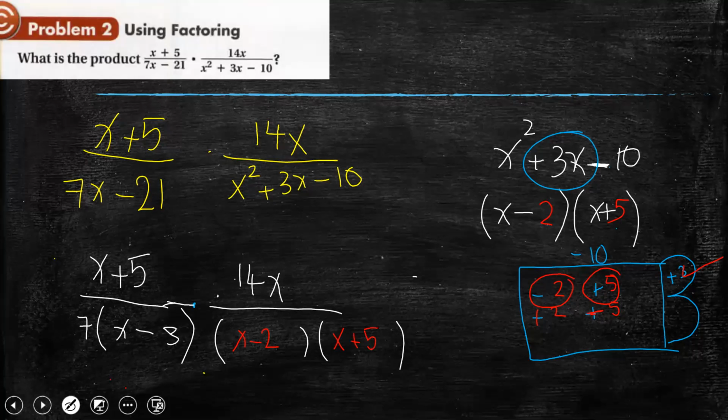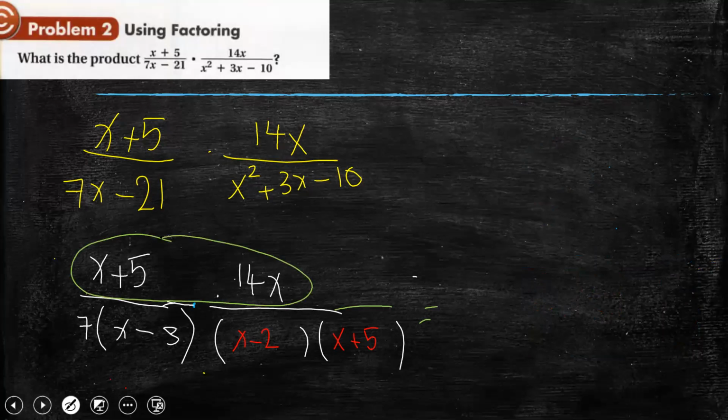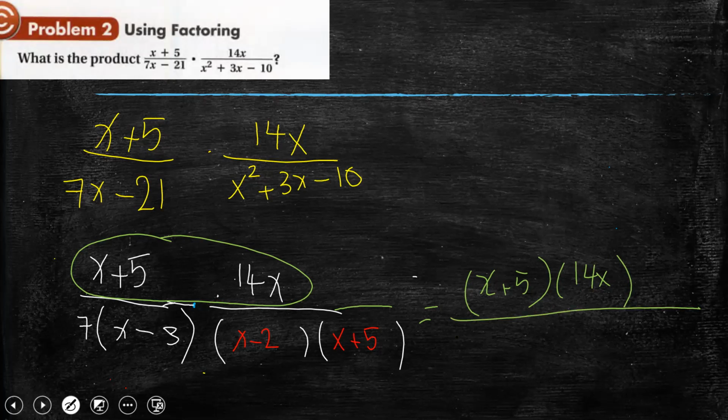Up to now, is it clear? Yes, teacher. Thank you. So now let's continue. I didn't finish, Yara. Wait. Now let's continue. Here you can make another step. You can multiply the numerators, x plus 5 times 14x, and you will write 7 times x minus 3 times x minus 2 times x plus 5.